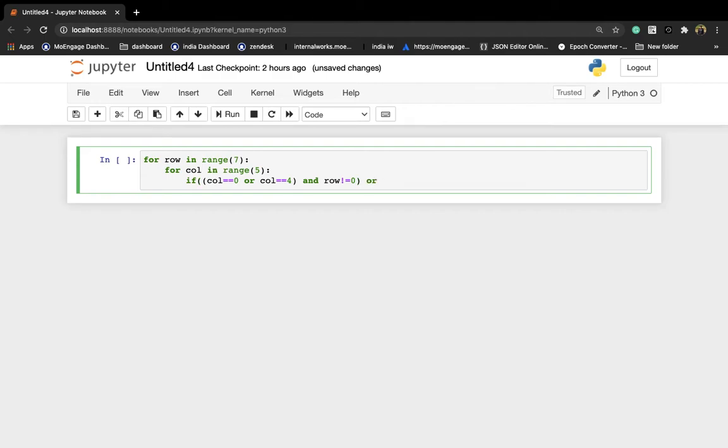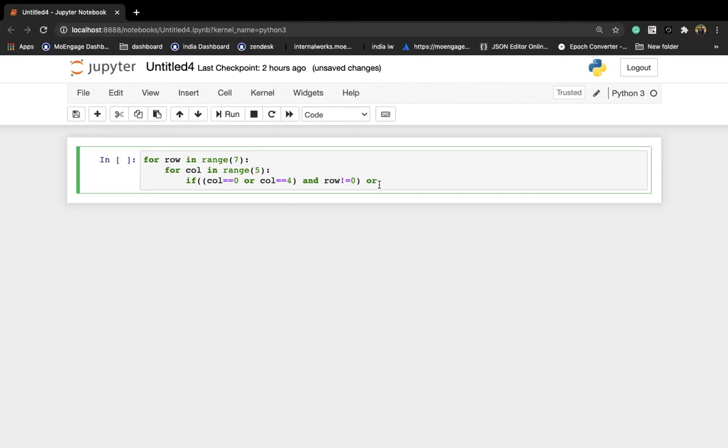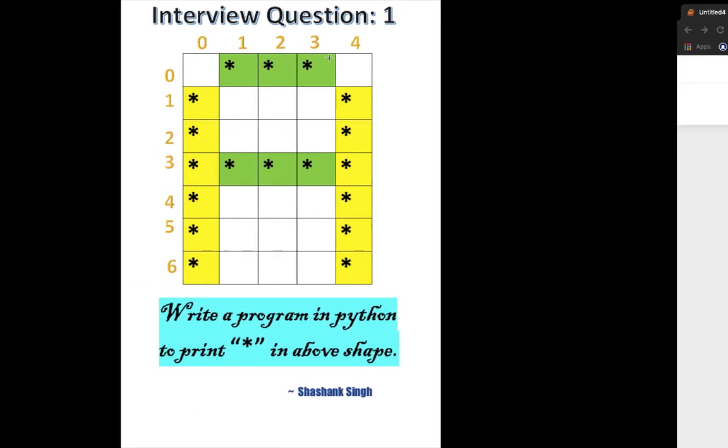Now we have to print stars in green shade, right, which is in the 0th and 3rd row. So what we have to write here is or row is equal to 0, or row is equal to 3. Okay, we don't want stars in the 0th and 4th column as well, right?